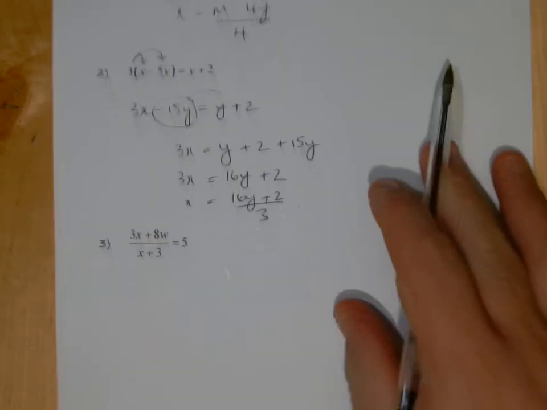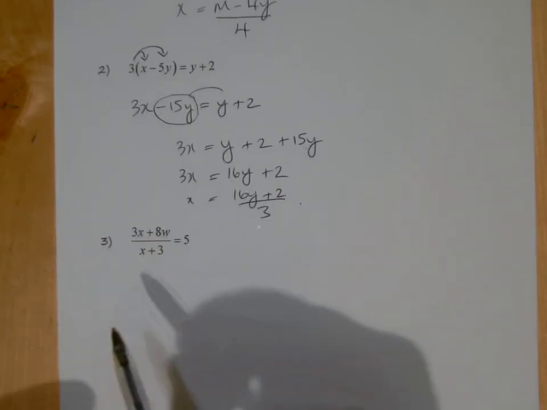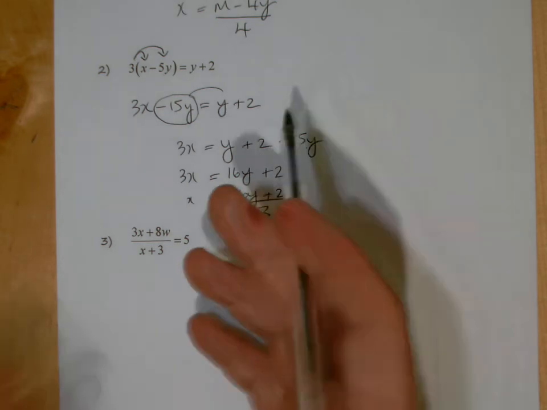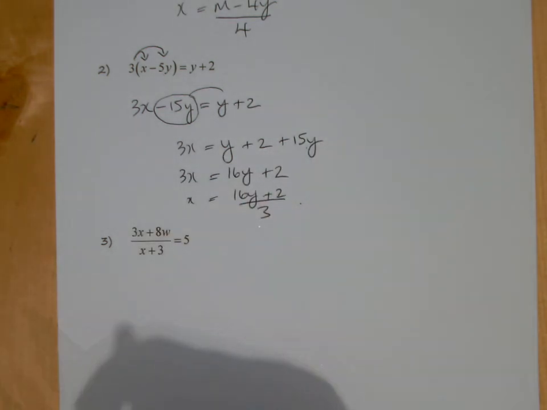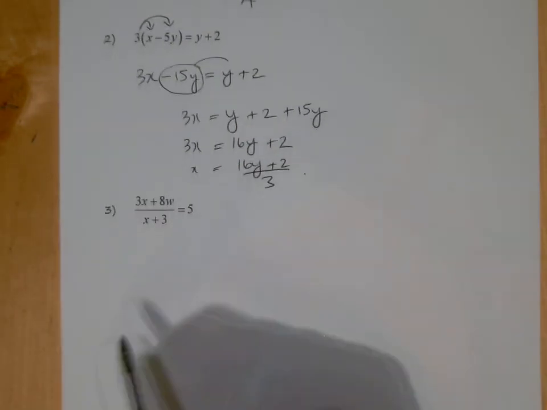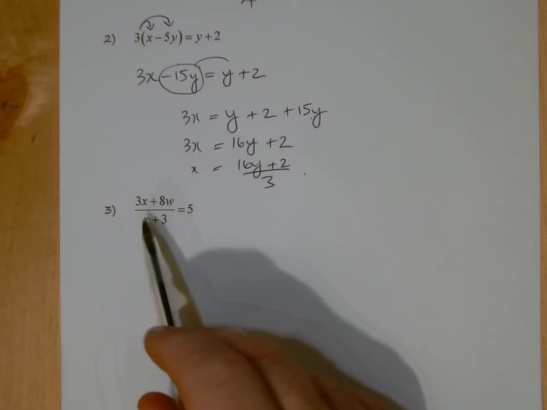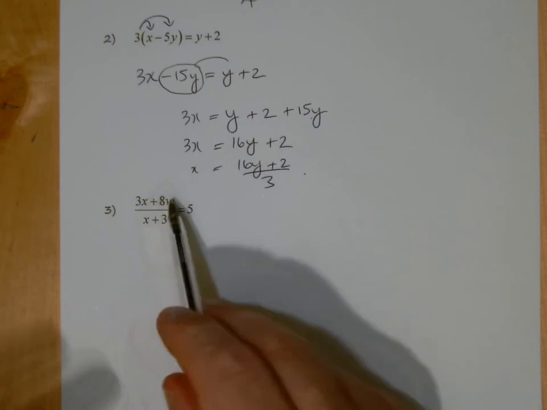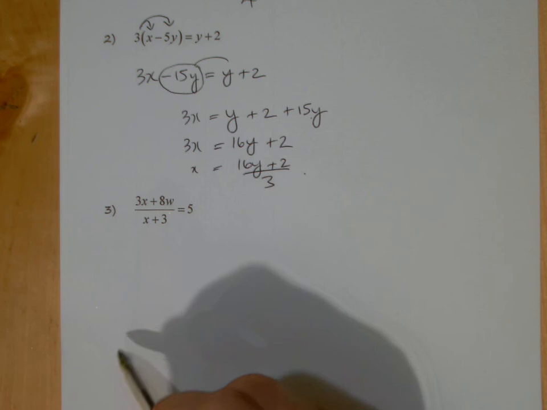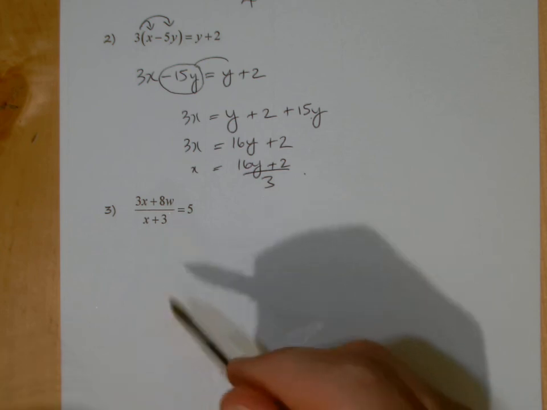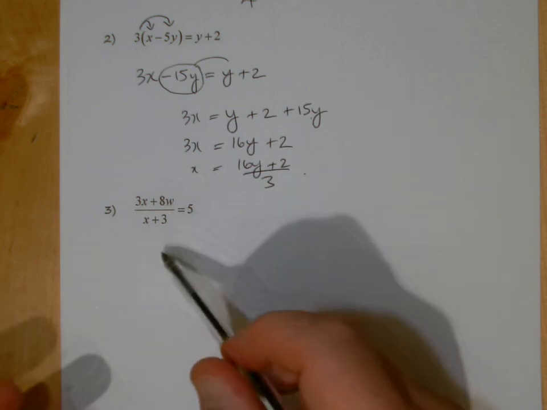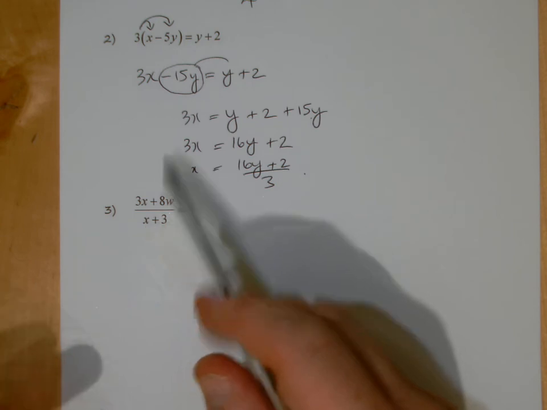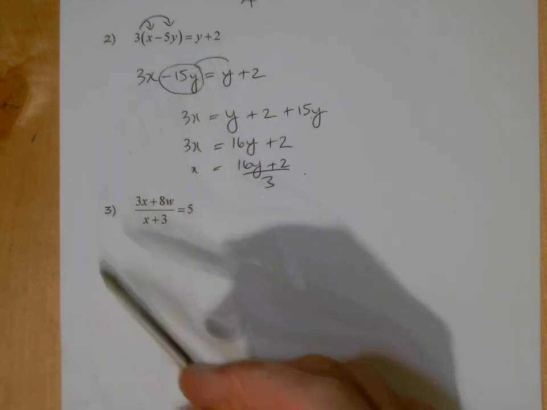Okay, lastly then, with this one. Now this one, you might think, goodness me, it looks completely different to what we've seen already. We've got a fraction here with x and w's on top and x on the bottom with a number. It's actually very straightforward and comparable to what we've just done in 1 and 2.